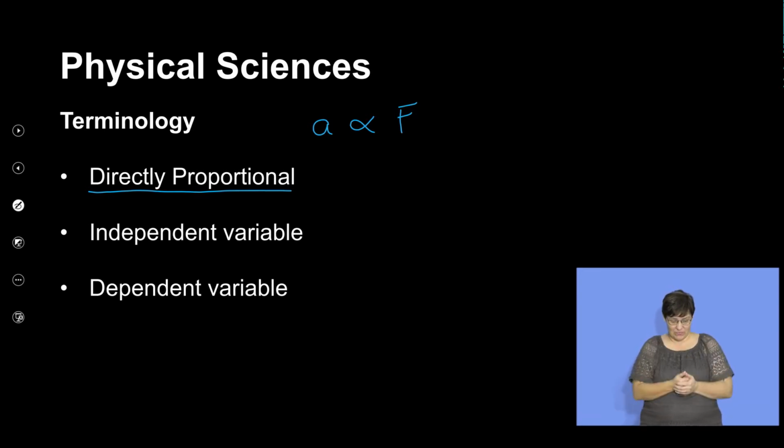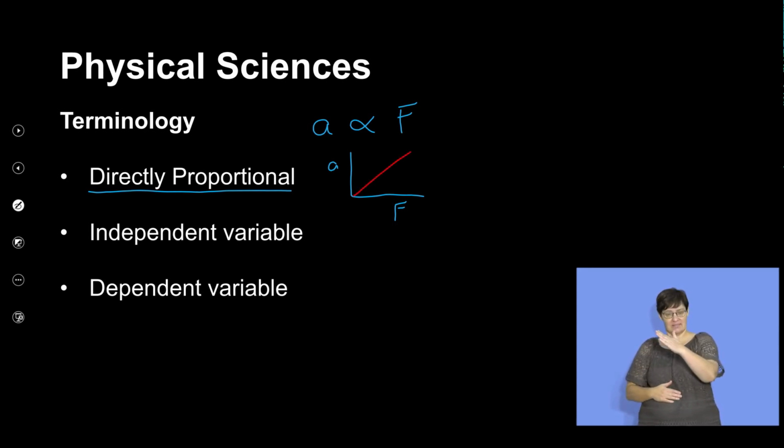We also remember that if you were to draw a graph of A against F, you're going to see that this graph is a straight line graph that passes through the origin. The independent variable is the one that you choose to control.